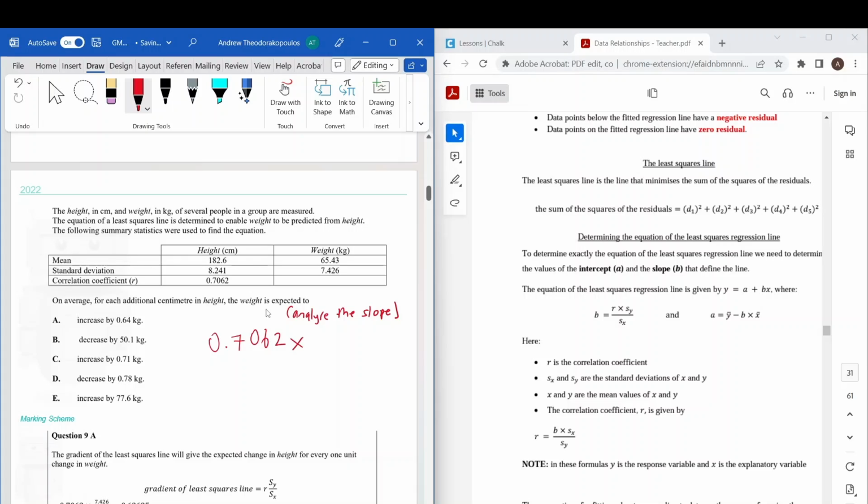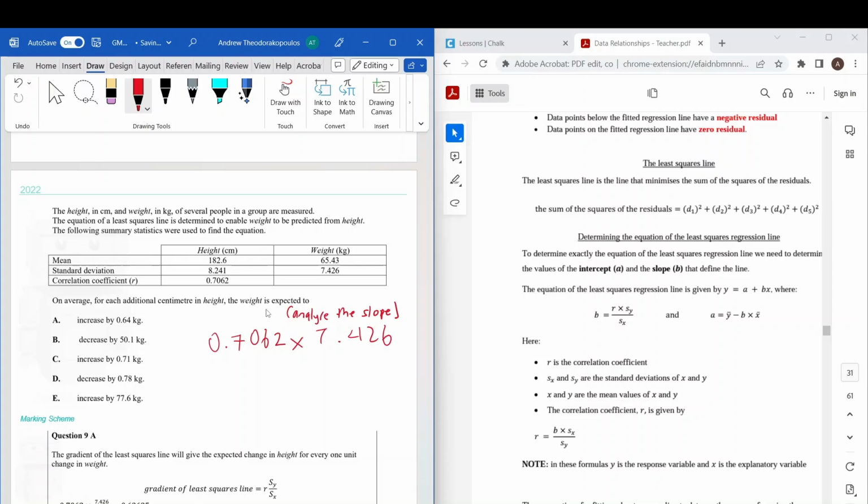0.7062 times the standard deviation of Y. In this case, Y is the response variable. We're going to work out the standard deviation of X, and the standard deviation of X is 7.426.